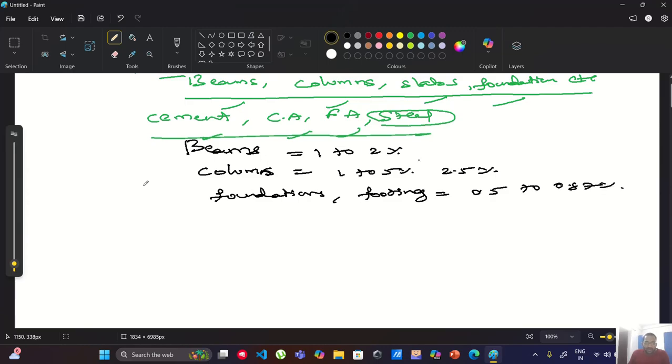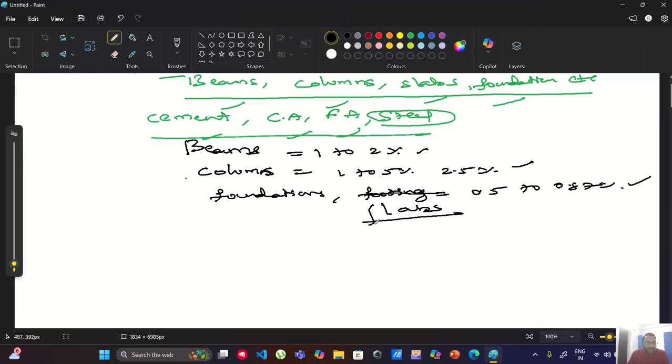This is the percentage of steel in beams, columns, footings, foundations and slabs.